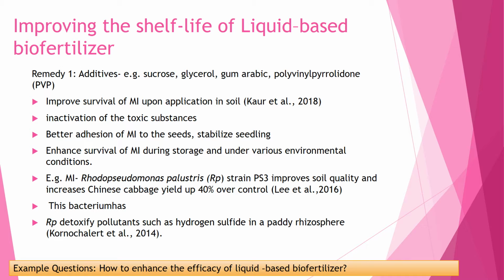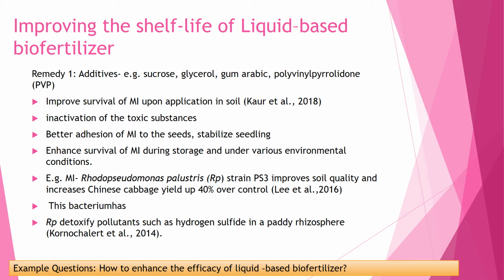Also, this can enhance the inactivation of toxic substances in the soil. Since this kind of carbohydrate-based additive is quite sticky, it can also improve the adhesion of the MI to the seed and stabilize the seedling. Okay, enhance the survival of MI during storage and under various environments.